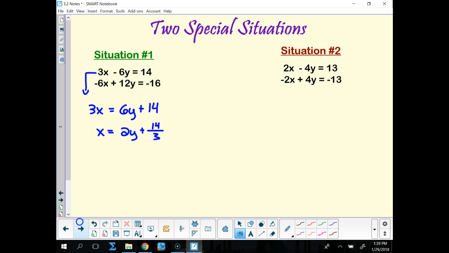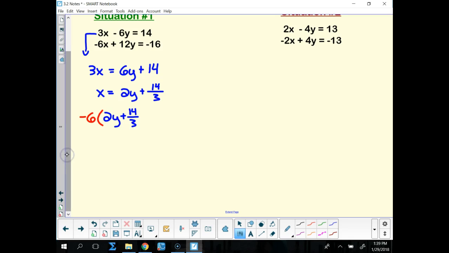Plug that into my other equation. Negative 6 times 2y plus 14/3 plus 12y equals negative 16.